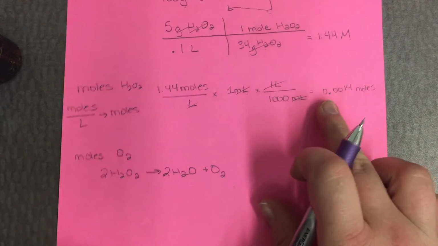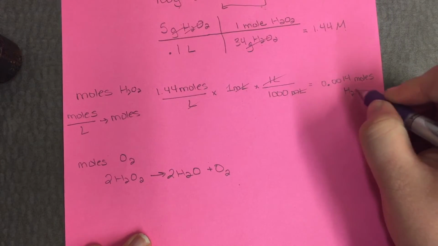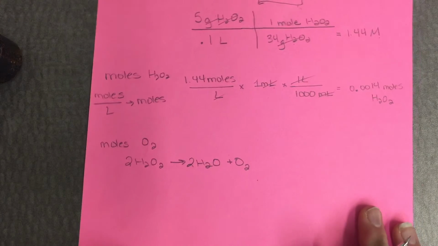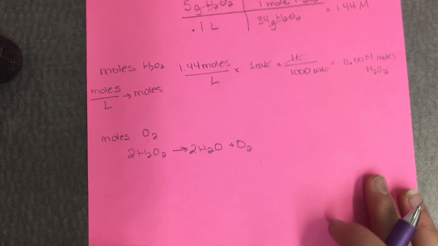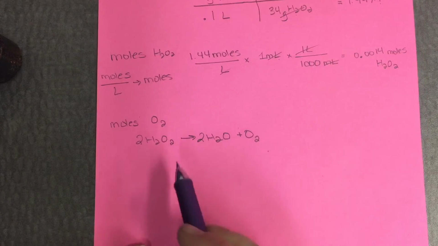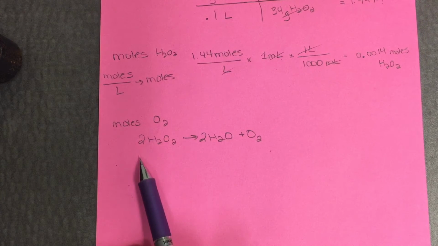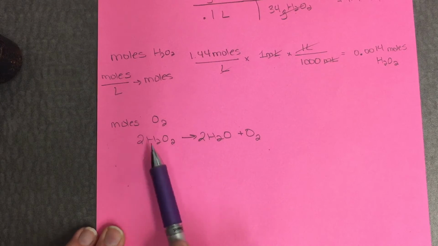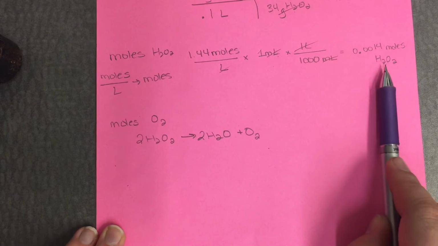And for trial 1, if I have this many moles of H2O2, then I have to figure out how many moles of oxygen I'm going to get. So, for my balanced equation, it takes 2 moles of H2O2 to get 1 mole of O2. That's our conversion factor, but we don't start out with 2 moles, we start out with this.